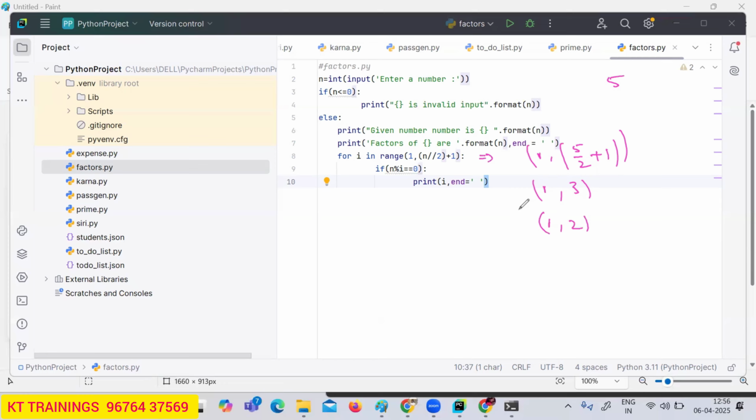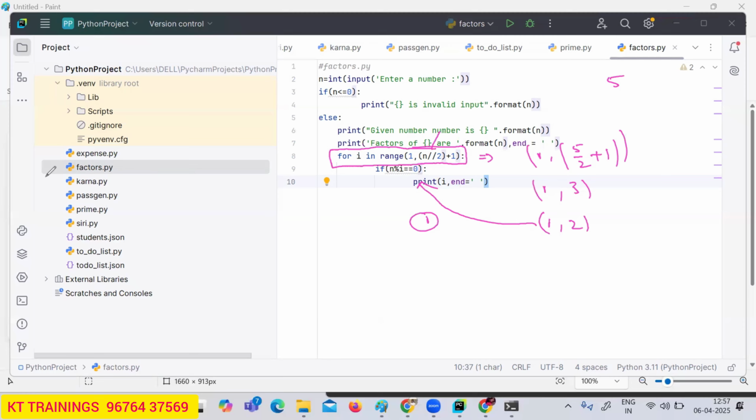Is 5 divisible by 1? Yes. Is 5 divisible by 2? No. Only 1 is obtained. Am I clear? Yes. The important heart of the program is here: n by 2 plus 1. n by 2 means floor division.